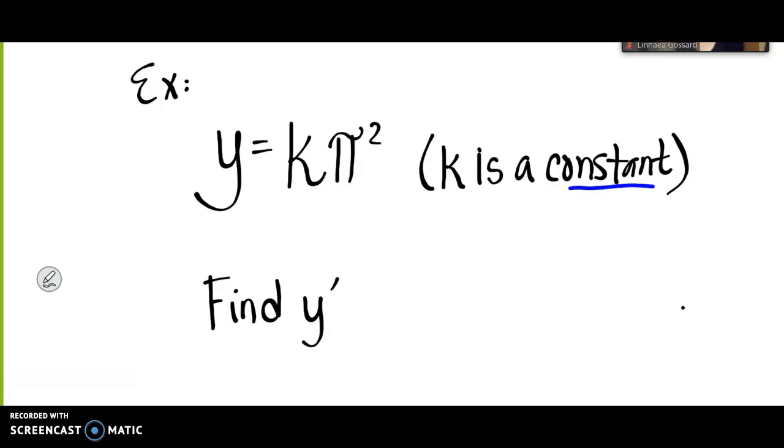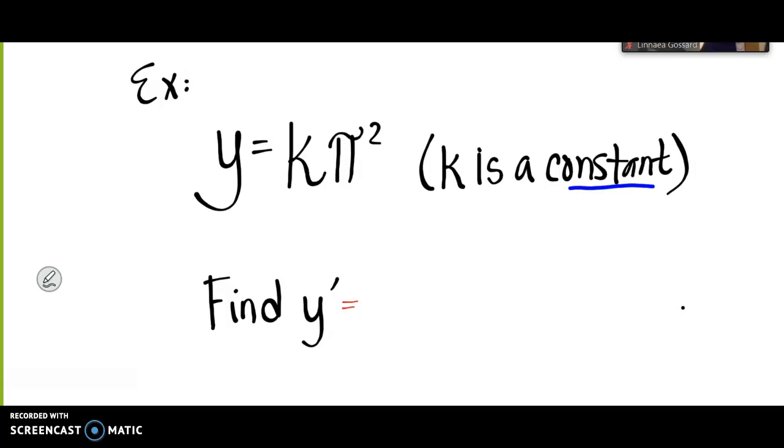Y prime. Cody, what would y prime be? It's a trick question. Be careful. 1. No, not 1. What is it? Close. Almost at 0. What is it?